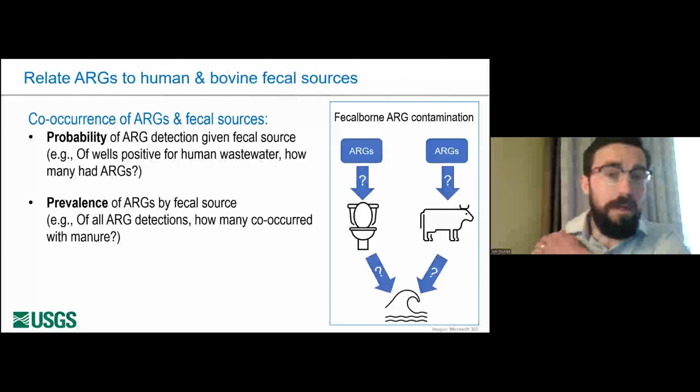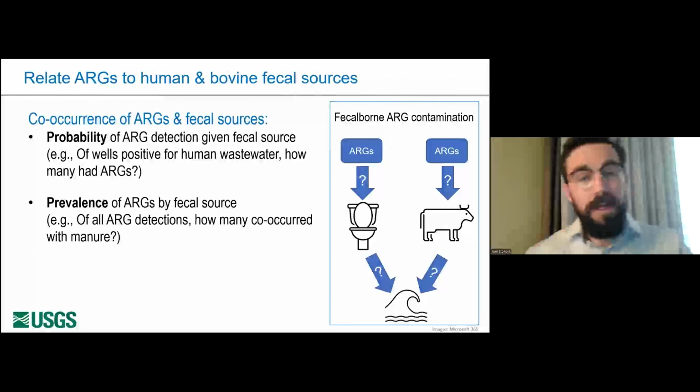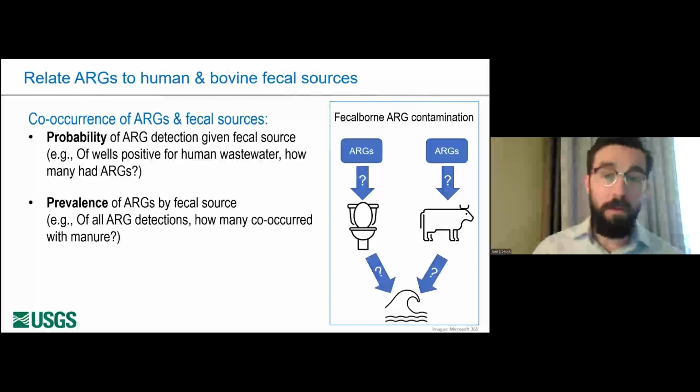The next thing I want to look at is the co-occurrence of these antibiotic resistance genes with the fecal contamination of the private wells. For this type of contamination to occur, the ARGs need to be in the fecal source, then that fecal source needs to make it to groundwater. And so I want to look at the co-occurrence in two ways.